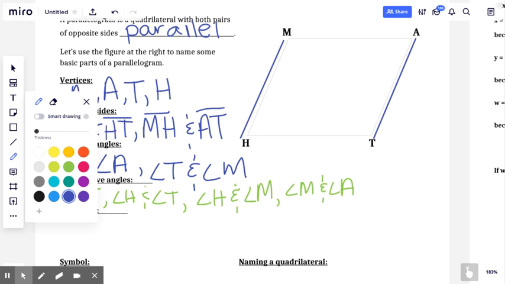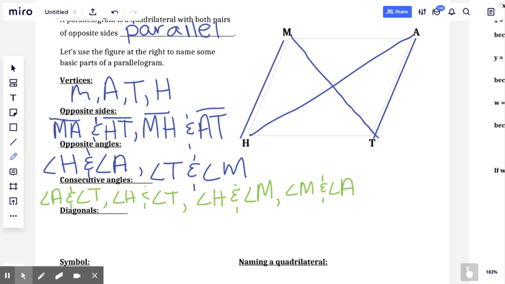So if I were to connect H and A like that, or M and T like that, those would be the diagonals of the figure. If I were to name the diagonals, they would be MT and HA. Okay, so those are the diagonals of the figure.